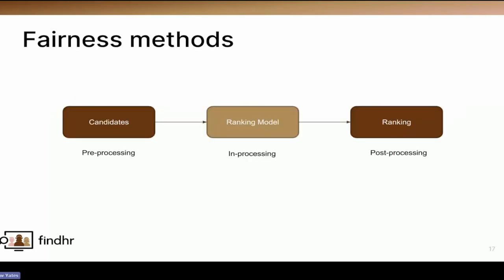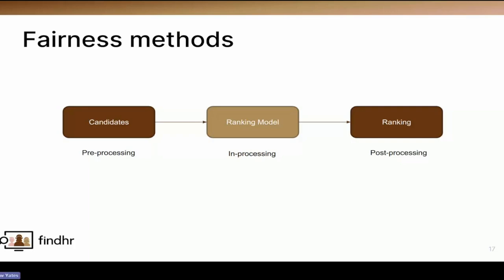So now we want to talk about different types of fairness methods, but specifically in the context of learning to rank. As you've seen before, we can break these down into 3 different categories. We can talk about pre-processing, which is modifications to the data before it reaches the ranking model. We can talk about in-processing, which is some modification of the ranking model in order to consider fairness constraints.